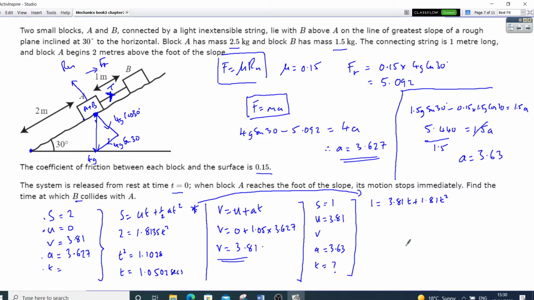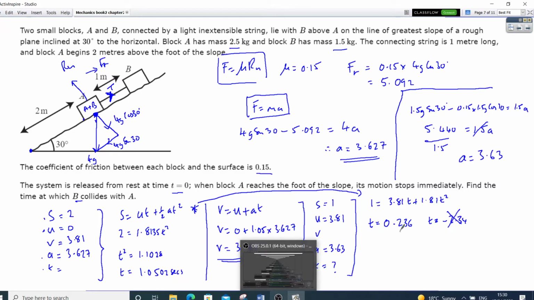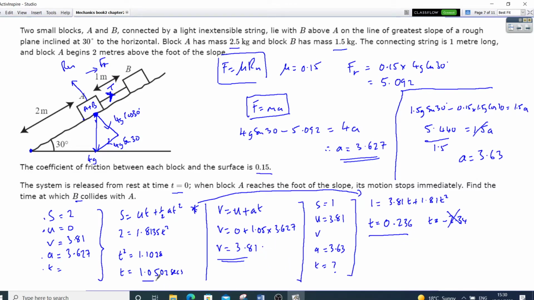I'm going to bring the 1 over. So I've got t is equal to 0.236, and the other one is negative, so I'm going to ignore that. The other one was t equals minus 2.34. We ignore negative time.